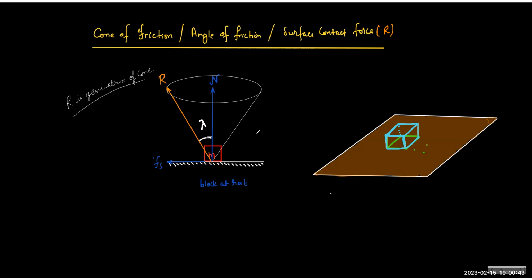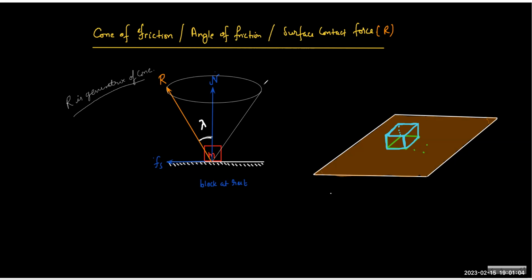And this lambda is called angle of cone, angle of friction, cone of friction, because it is creating cone kind of shape in which it can have angle with the normal. So this is various named.